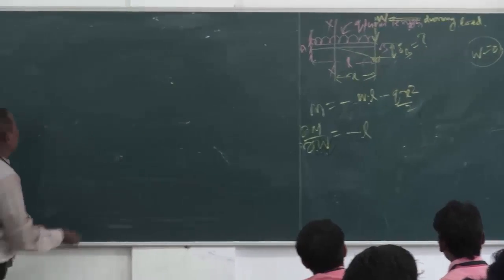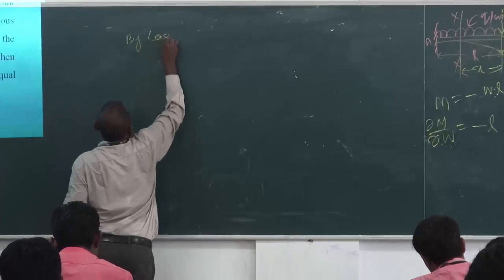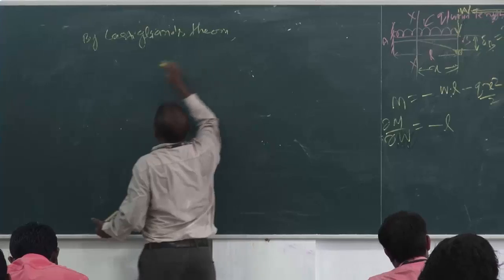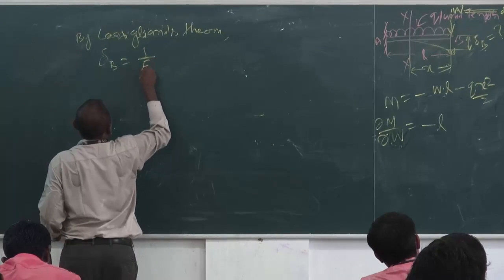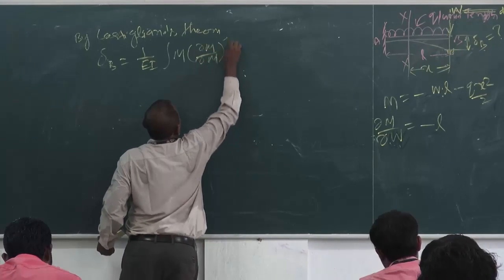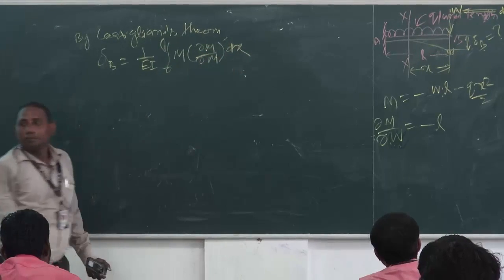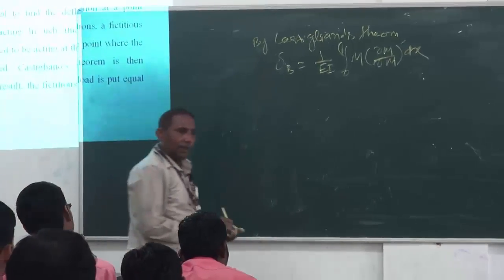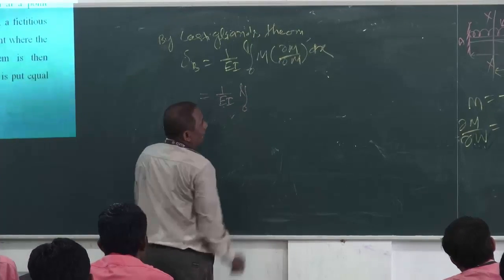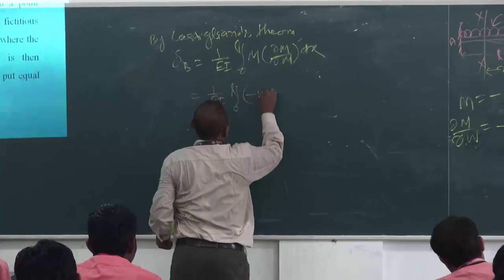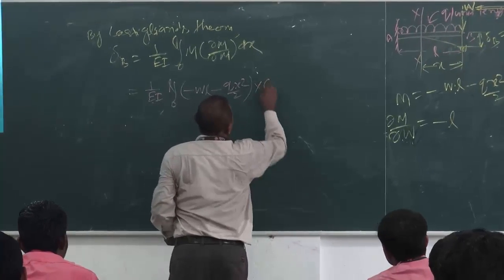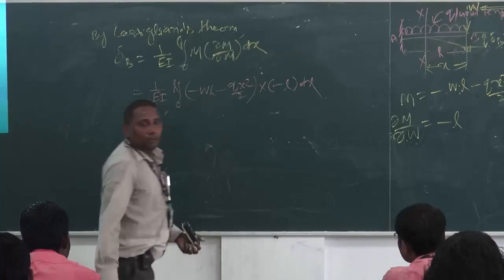Then how to calculate delta B? By Castigliano's theorem, we know delta B is equal to 1 by EI, integral of M into dou M by dou W into dx from 0 to L. The same expression I am taking, and here this is 1 by EI from 0 to L, and M value is equal to minus WL minus qx square by 2, and this is minus L into dx.